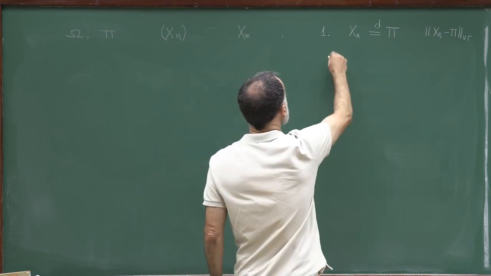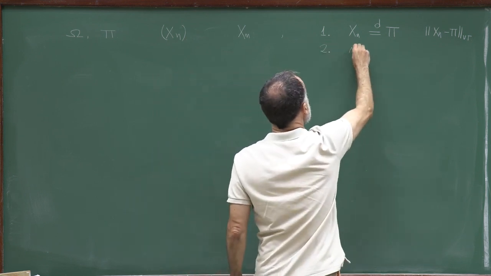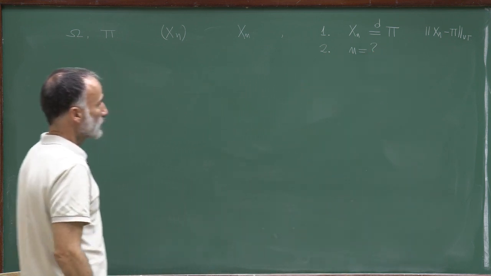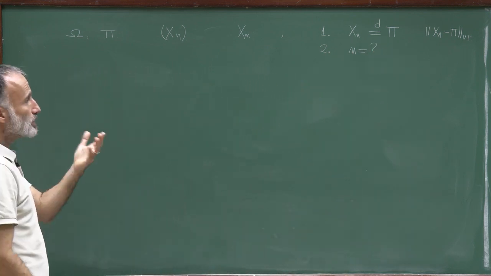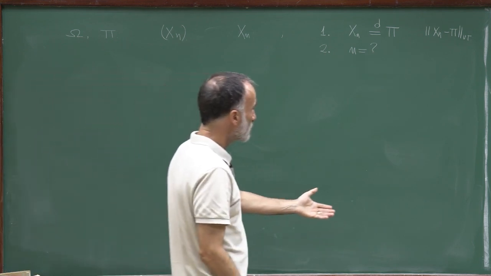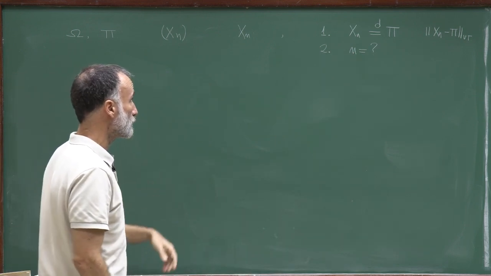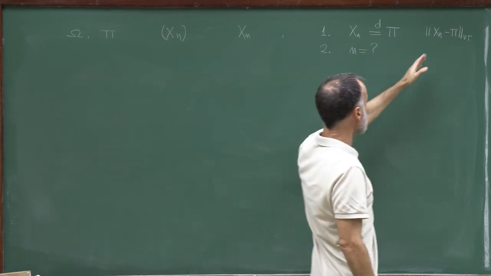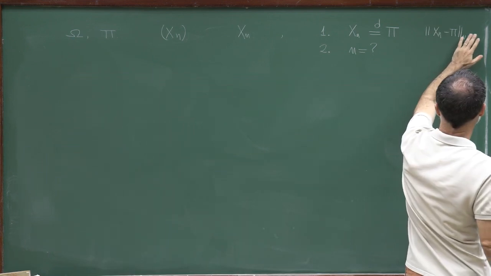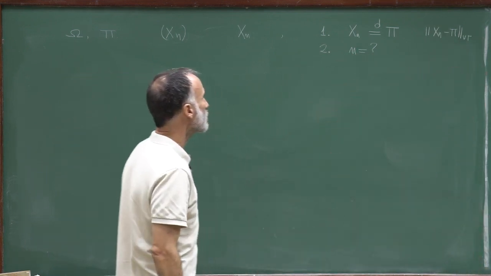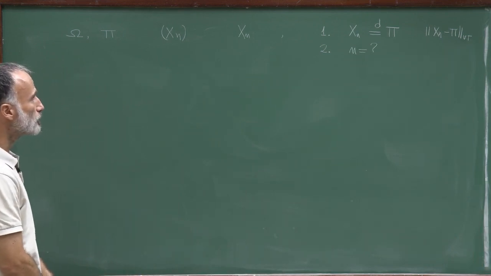But the second main problem is how large we need to take n. We have seen that the mixing time tells us how large we need to take n. If we want this total variation to be bounded by epsilon, the mixing time tells us the size of n we need to take.